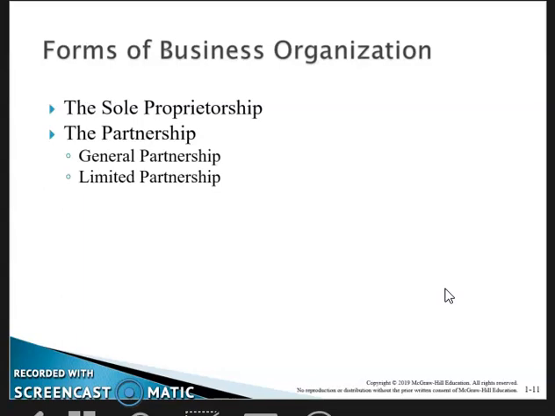In this case, general partners would have the same unlimited liability as a sole proprietor in most cases. Limited partners are referred to as such because they have limited liability. And then finally, the corporation. In the next lecture we'll start with a comparison between partnerships and corporations.